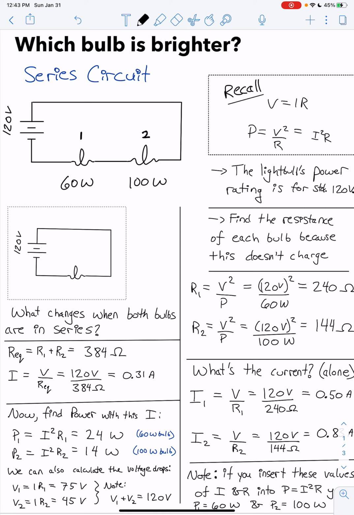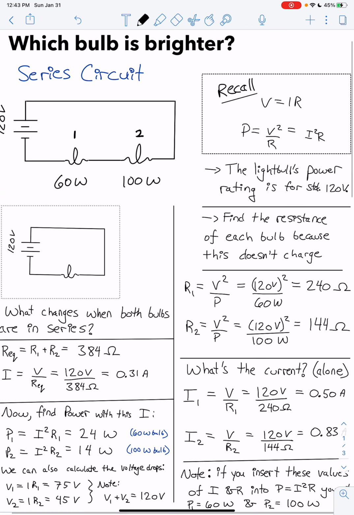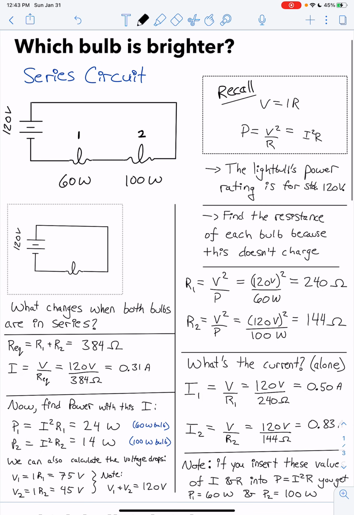Understanding now that the rating that we see on a light bulb is assuming that the light bulb's on its own with a 120 volt supply, and as we change the circuit, we change the amount of current that's flowing, and that changes the amount of power and the voltage drop across those devices. And so, in fact, the 60 watt bulb is going to be brighter.